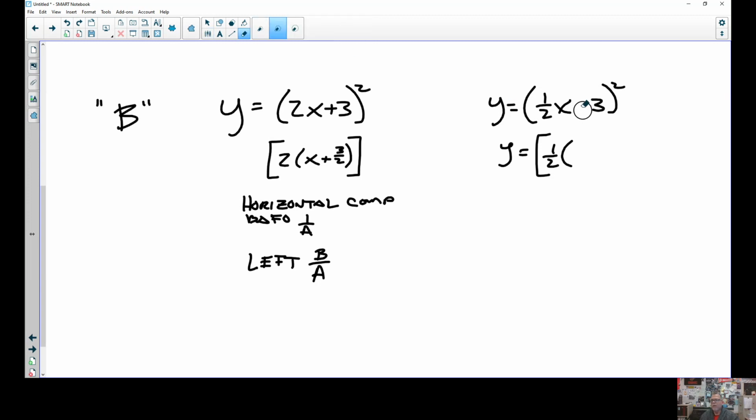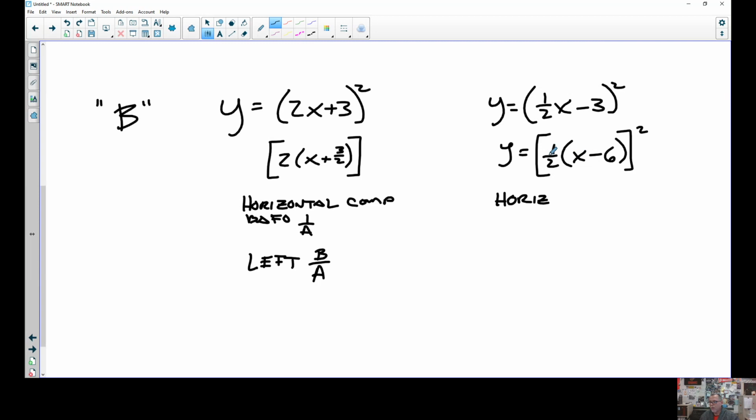Let's make this minus. So this would be x minus, well, I divide 3 by 1/2, I would get 6, wouldn't I? And that whole thing is squared. So now I would know this is horizontal because it's inside the operation. Remember, we're multiplying by 1/2 before we're squaring. So this is horizontal immediately.